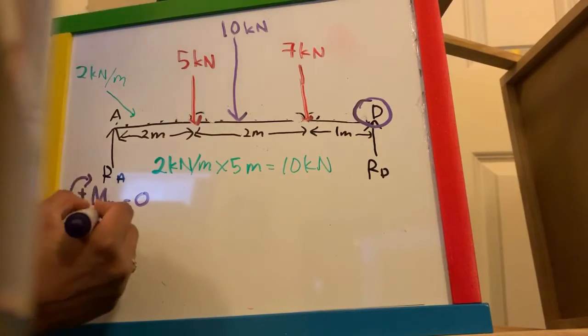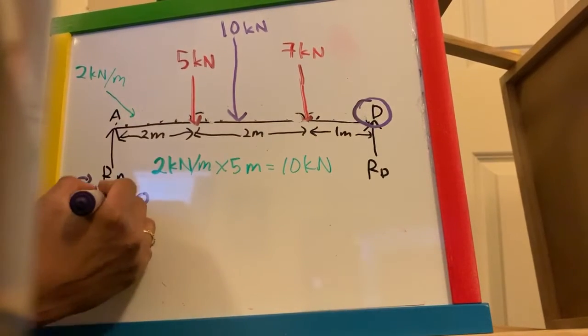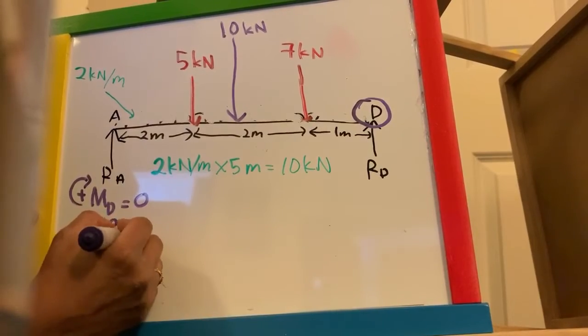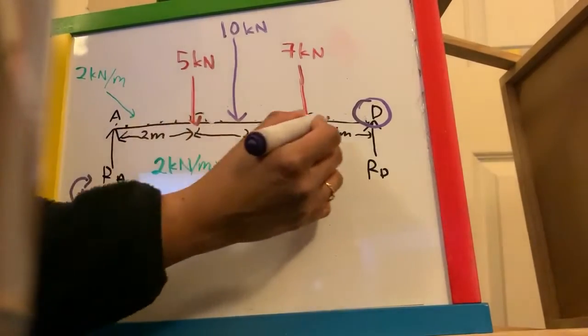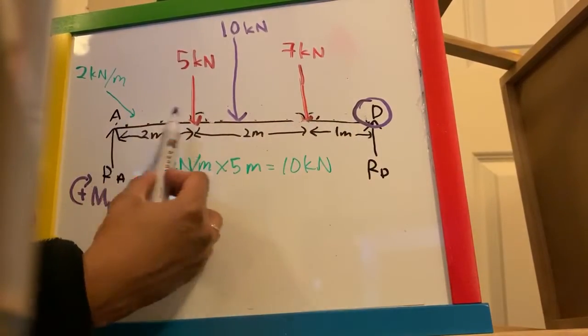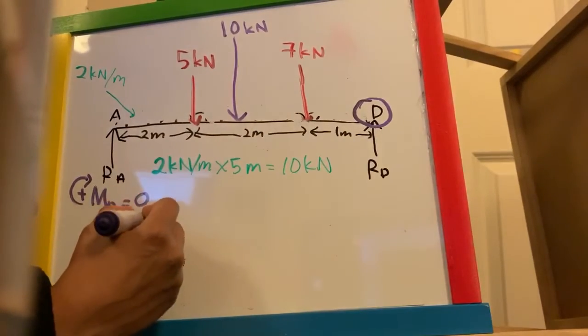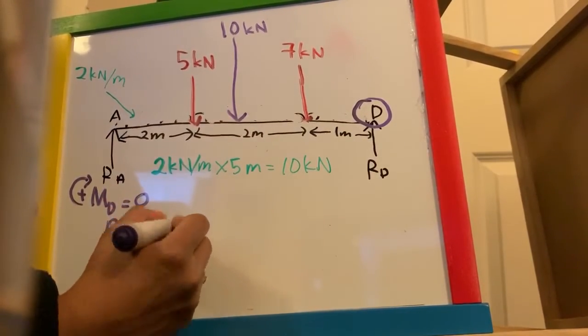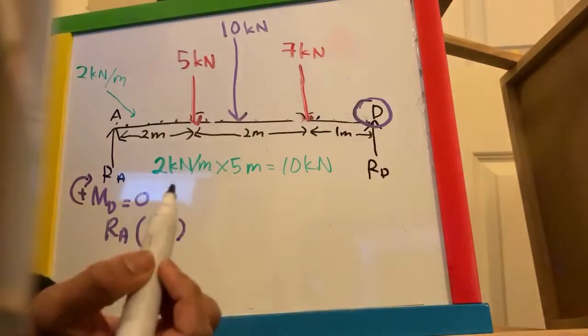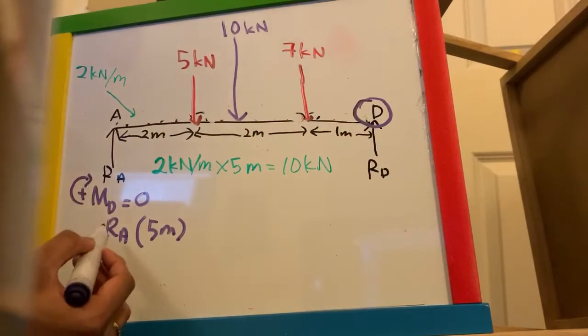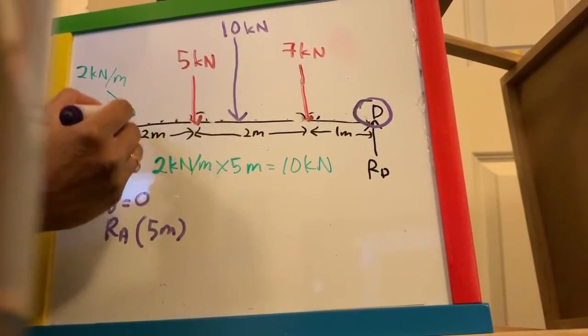Alright, so let's try and work this out. We have RA multiplied with the perpendicular distance, which is 5 meters, towards point D, the pivoting point. And that has to be positive because this RA is rotating clockwise.